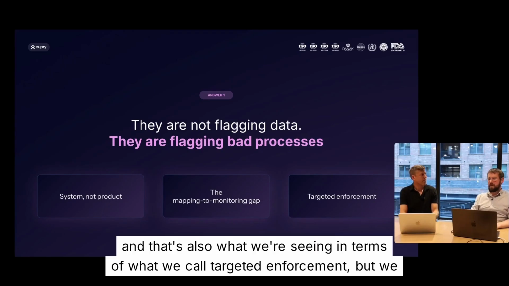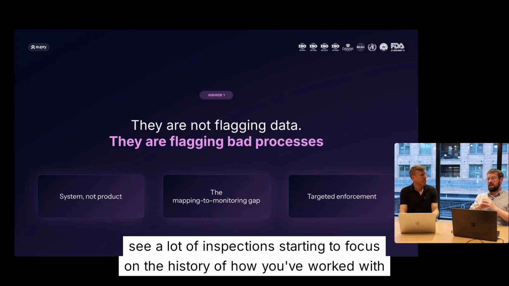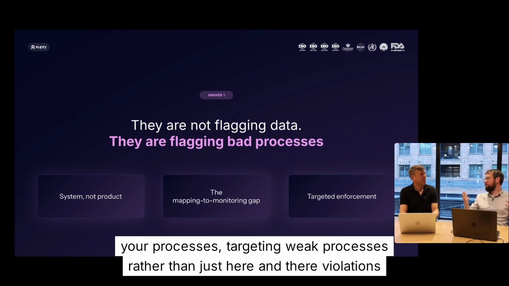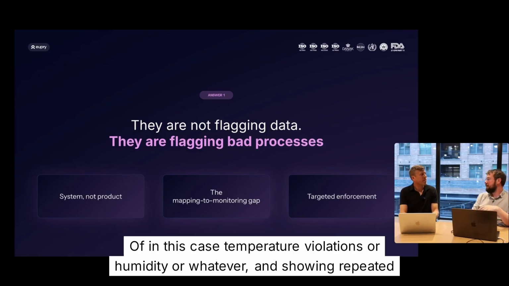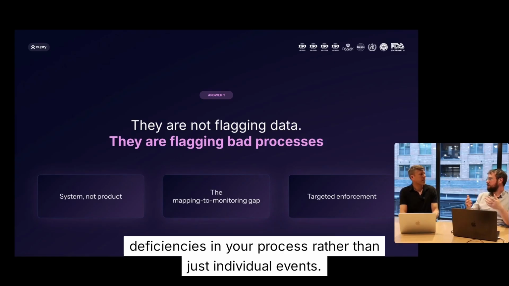That's what we call targeted enforcement. We see a lot of inspections starting to focus on the history of how you've worked with your processes, targeting weak processes rather than just here and there violations of temperature or humidity or whatever, and showing repeated deficiencies in your process rather than just individual events.